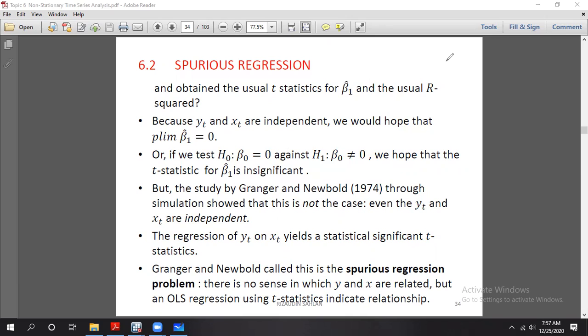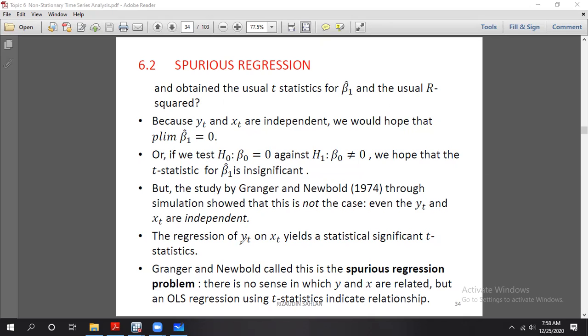But the study by Granger and Newbold showed that this is not what happens, even though y_t and x_t are independent. They say that when we regress these two independent variables, the coefficient of the explanatory variable can be significant.